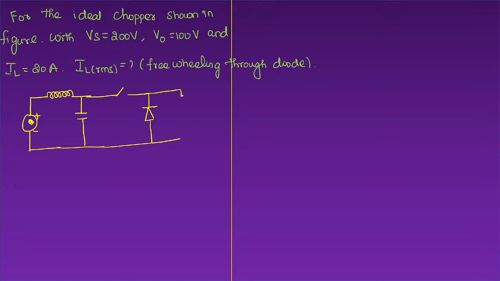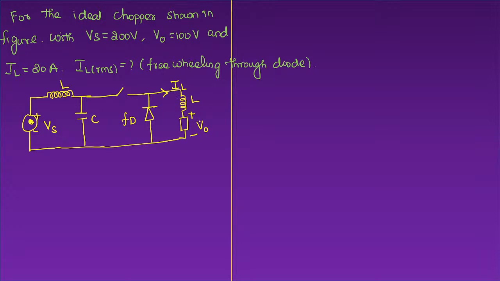Then they have connected one more inductor here, and this is the point where they are going to measure the output voltage V0. Both inductor values are simply given as L, this is the freewheeling diode, this is capacitor C, this is supply voltage Vs, and this is output voltage V0. Through this circuit only they are considering the load current.